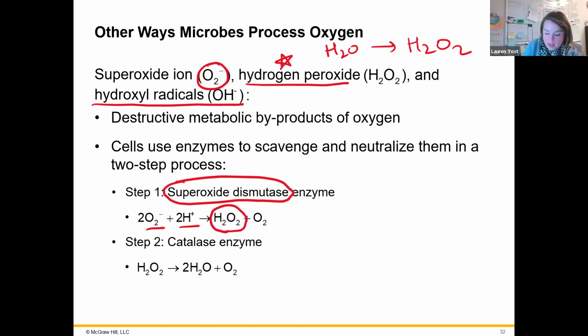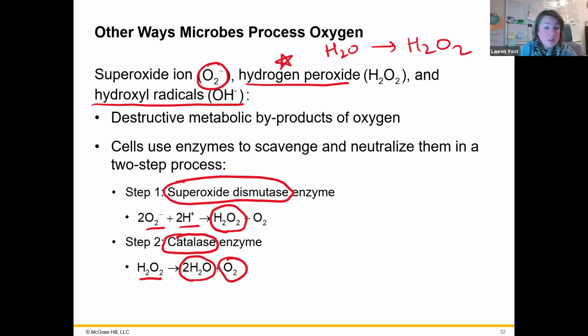Then step 2 is taking the catalase enzyme, which converts hydrogen peroxide into water and oxygen. Anytime you have ever seen bubbles from using hydrogen peroxide, the catalase enzyme was breaking down the hydrogen peroxide into water and oxygen. Your cells can do that. So even if you see bubbling with hydrogen peroxide, your own cells could be doing that, not just bacteria.